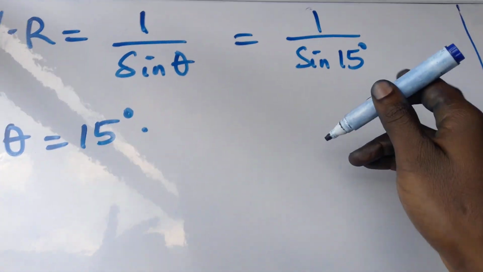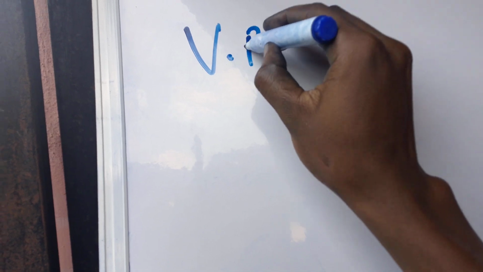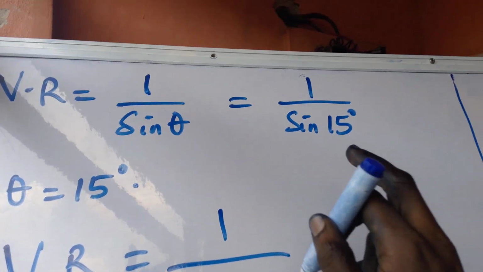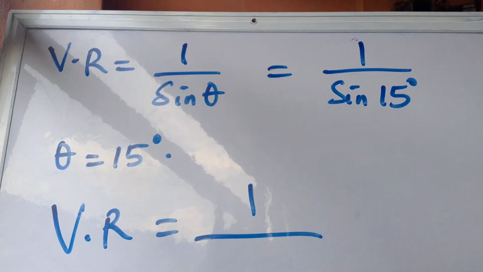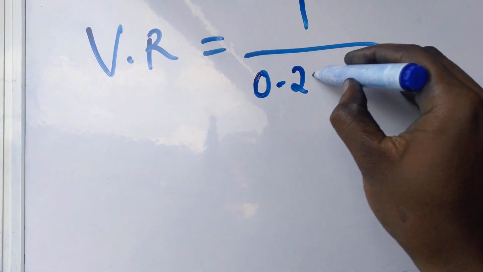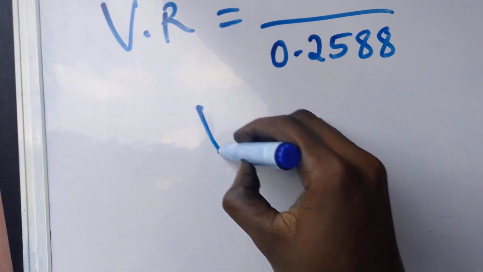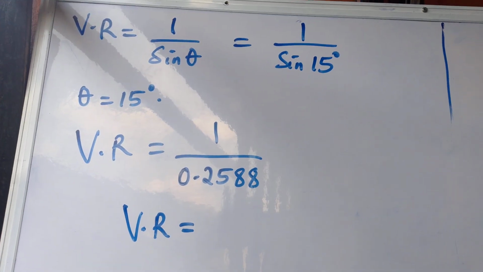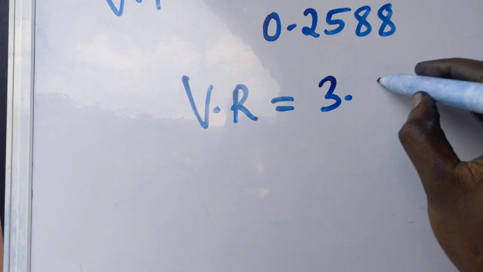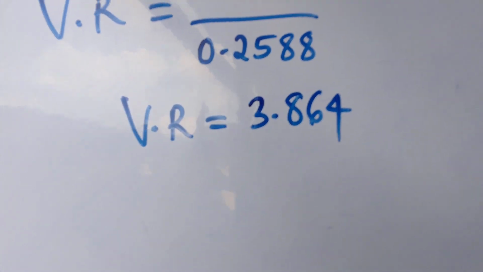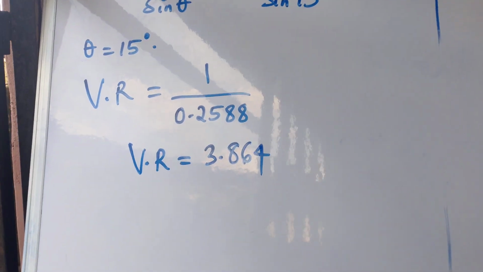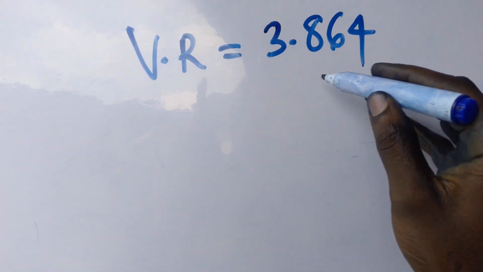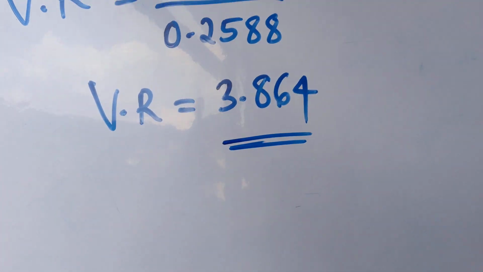So with your calculator, sine 15 is 0.2588. If I take the reciprocal of that, this will give me 3.864. Okay, that's my velocity ratio.